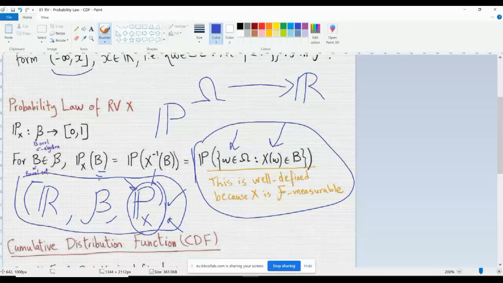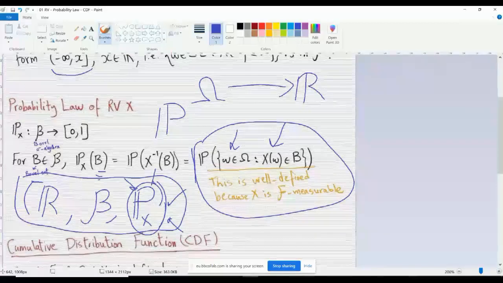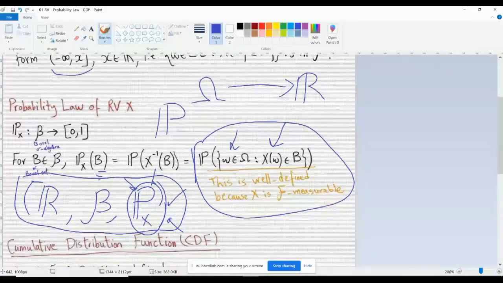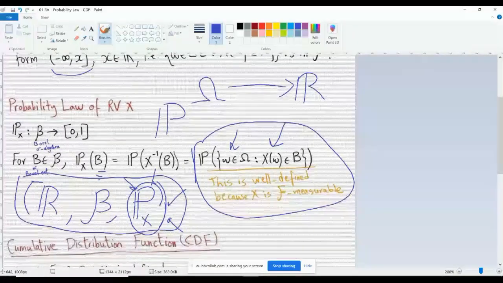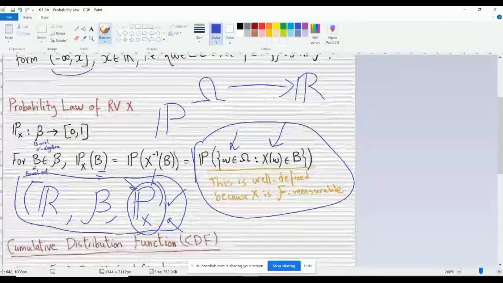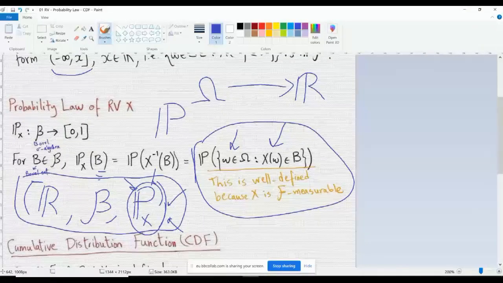Now, to characterize a random variable, you need the probability measure, you need this P of X. For all types of random variables, we can capture the information about its probability measure using the cumulative distribution function, which is the CDF. The CDF is defined for every type of random variable that you can think of.